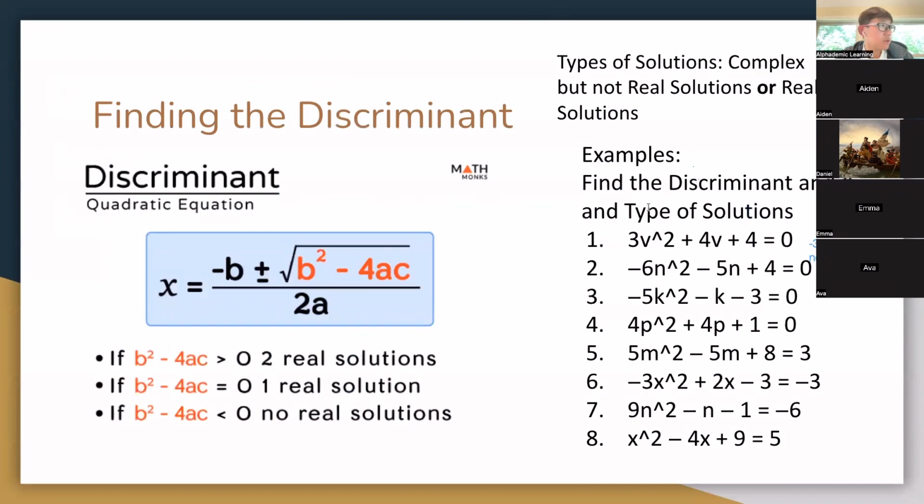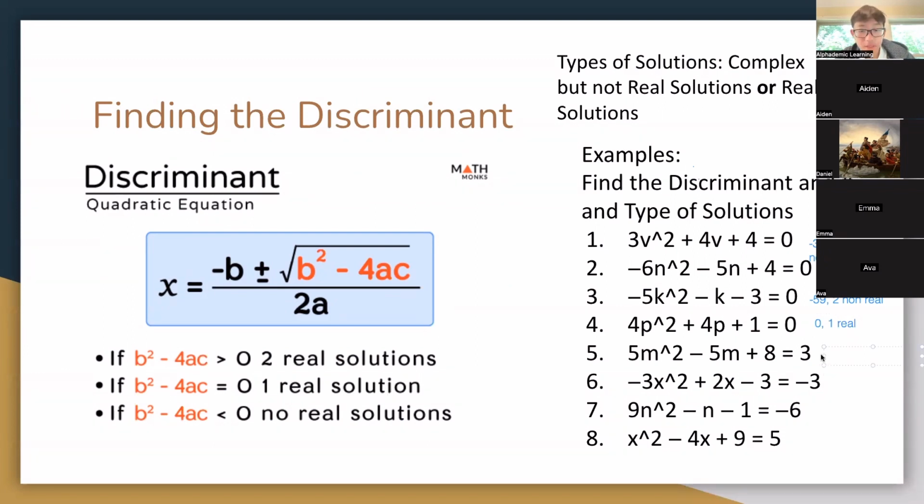For number 2, the answer would be 121 and 2 real solutions. Number 3 would be negative 59, 2 non-real solutions or 2 complex solutions. Number 4 would be 0 with 1 real solution.